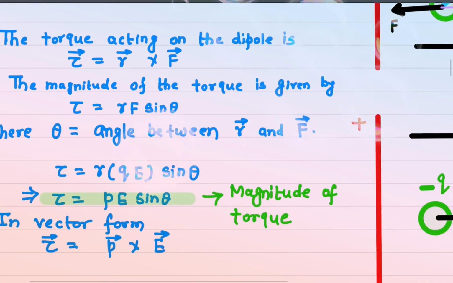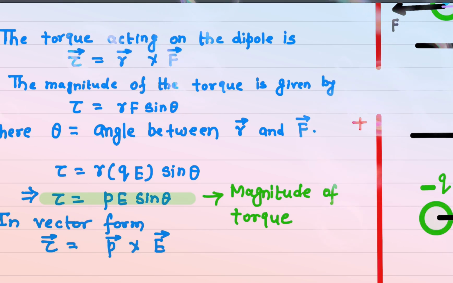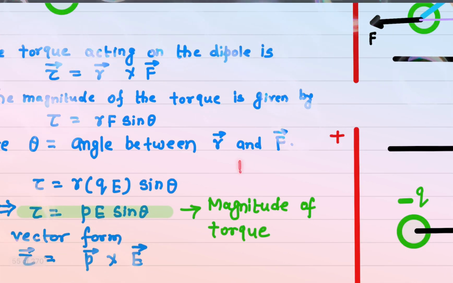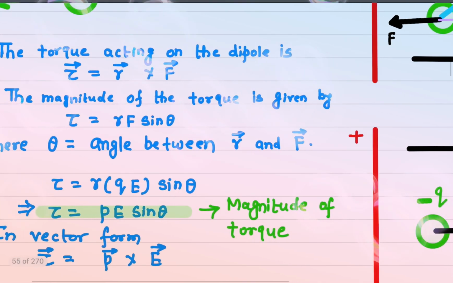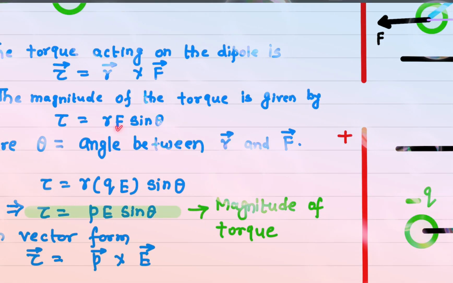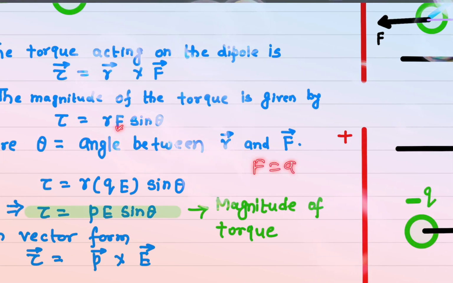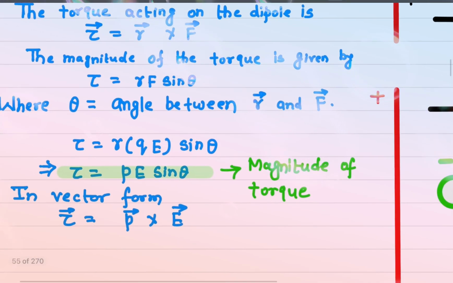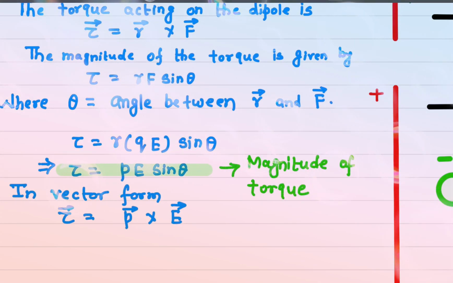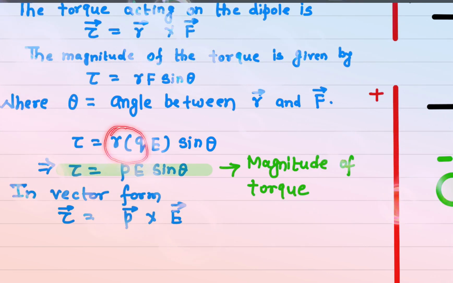Once we know that, for the magnitude of the torque, we have to calculate it in terms of the electric field. And you already know that the force is equal to Q times E. So I'm just replacing this force by Q times E. Then remember this Q R, the magnitude of the charge times the distance between the two charges, is the dipole moment.